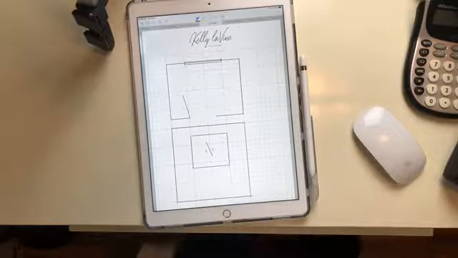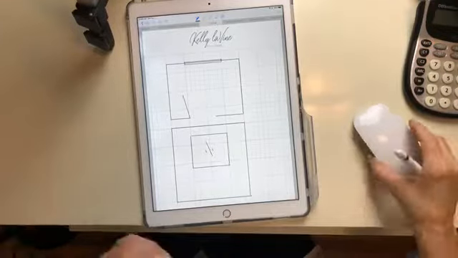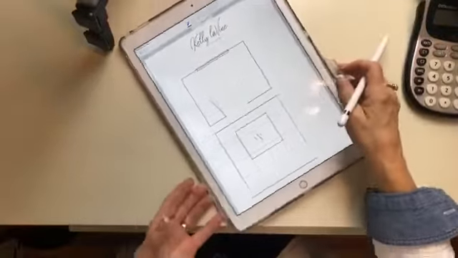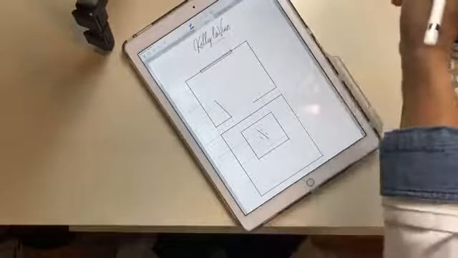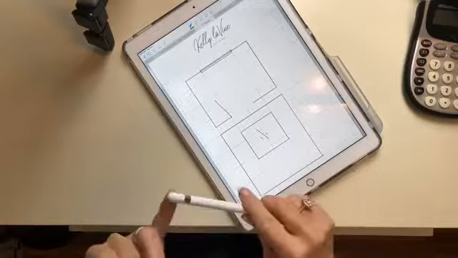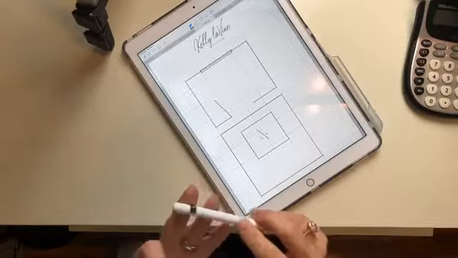Awesome. Okay, so I have gone ahead and drawn out a floor plan, and if you've been with me for a while, you probably recognize this, but if this is your first time, please go back and watch how to inventory your closet, how to measure your closet, and how to design your closet.